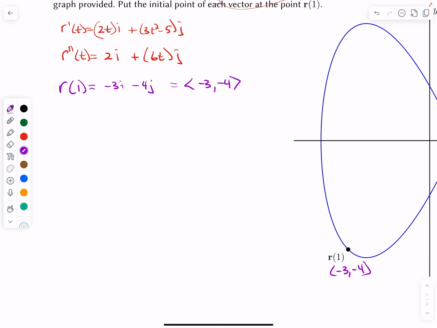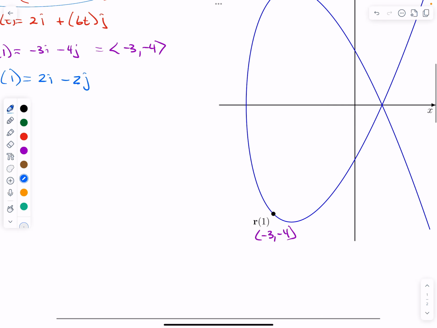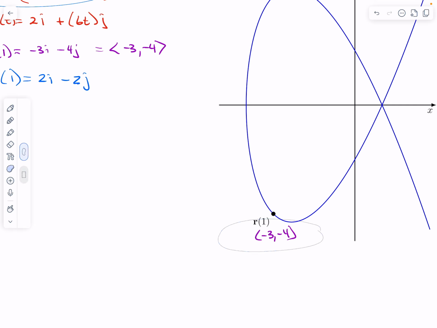Next, we're going to compute r prime of 1, and here we will draw the vector. So this is going to be 2i minus 2j. So I'm just using this r prime to get that. So over 2 and down 2. So let's see if I can draw that. I guess I shouldn't have put this right there.